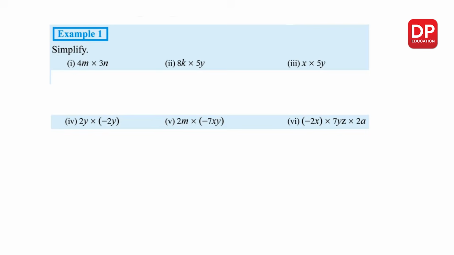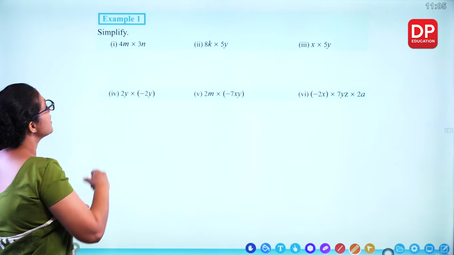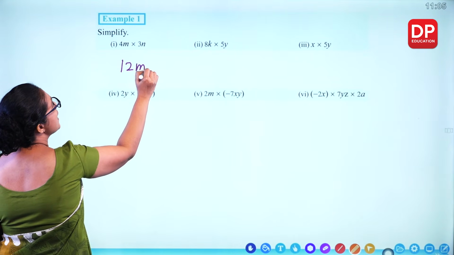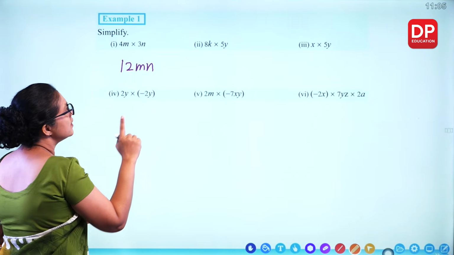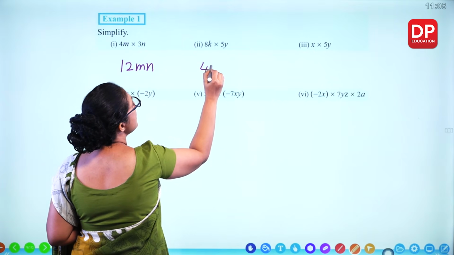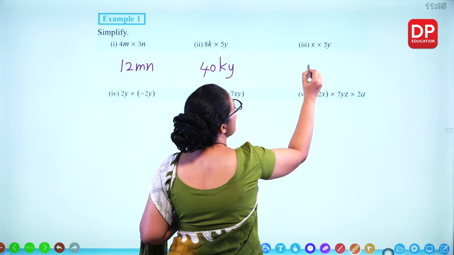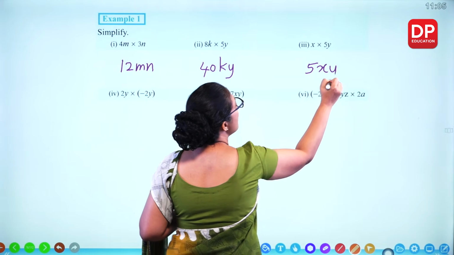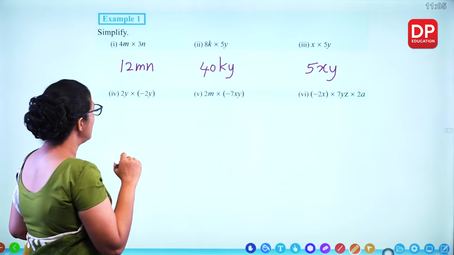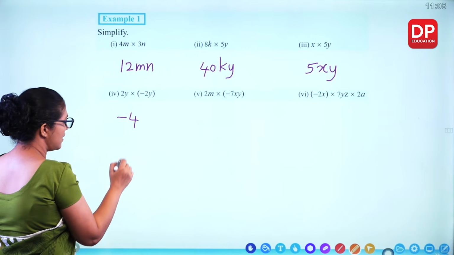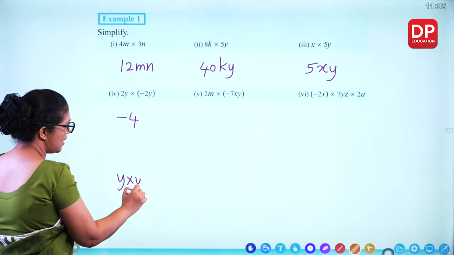Example number 1, simplify. Multiplying algebraic term with another algebraic term. 4 times 3, 12. M, N. Write in order. 8 times 5, 40. K, Y. 1 times 5, 5. X, Y. Here, 2 times minus 2, minus 4. Y into Y. How you write Y into Y?